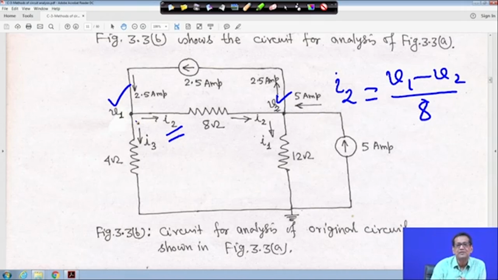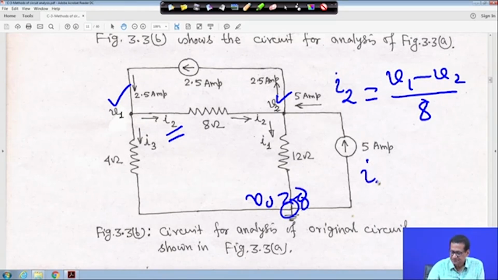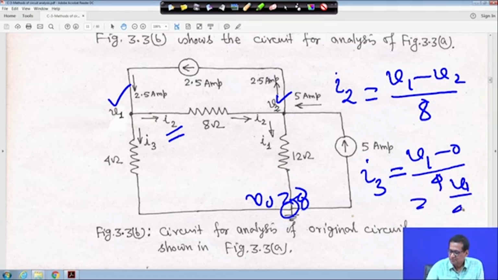Similarly, this is your datum node O, whose reference voltage is 0. So I3 is V1 minus 0 by 4, that is V1 by 4, because this 4 ohm resistance is here. It is V1 minus V0, but V0 is 0.